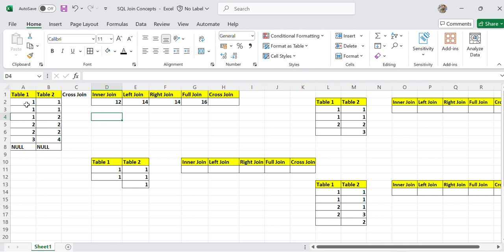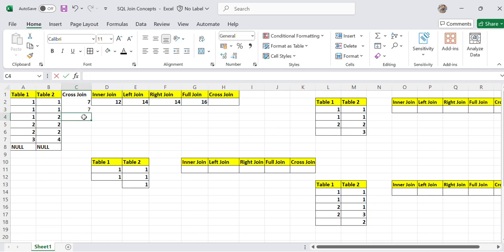This means the first value of the first table is matched with all the records of the second table, that is 7 times. This also matches one record of the first table with all the records of the second table, that is 7.